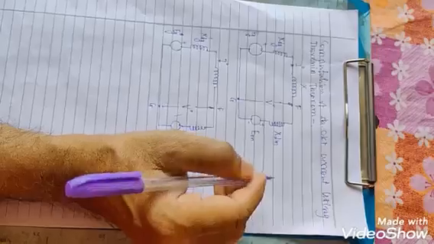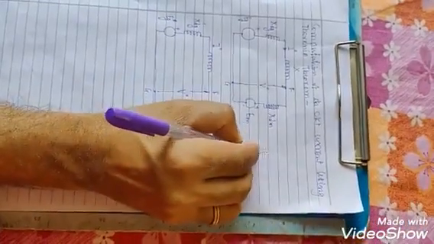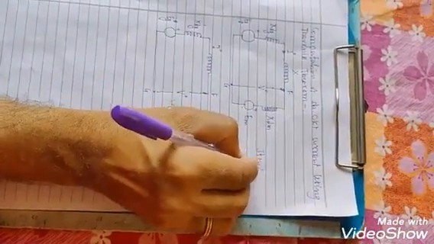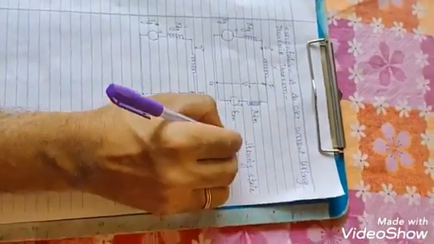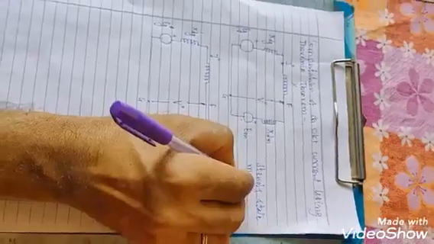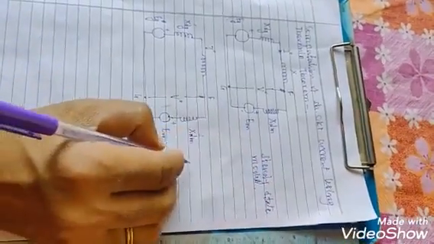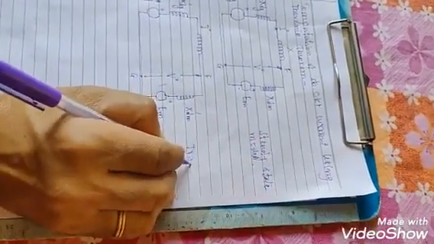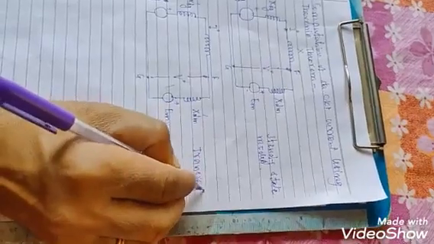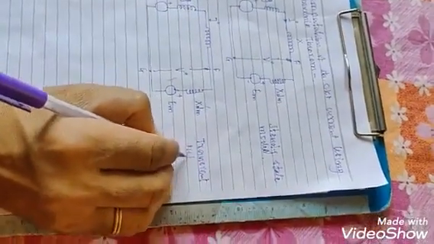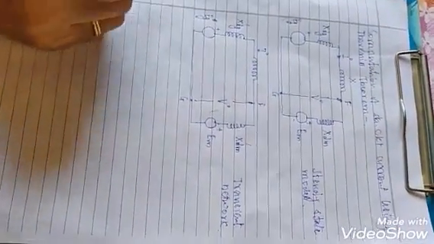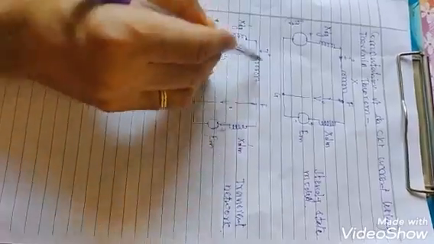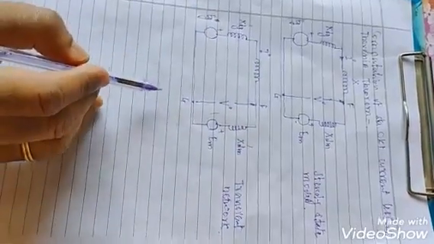This is the steady state model of the network, and this is the transient network where we have to determine transient current. So this model is replaced by the transient network.